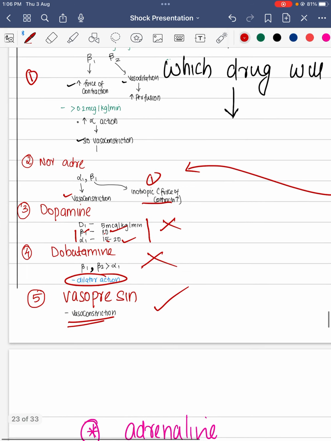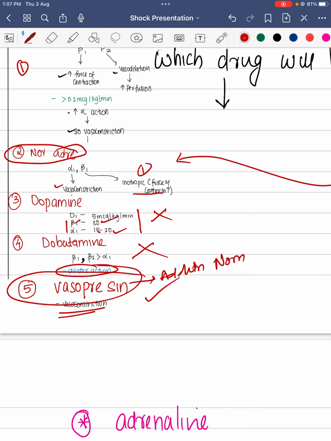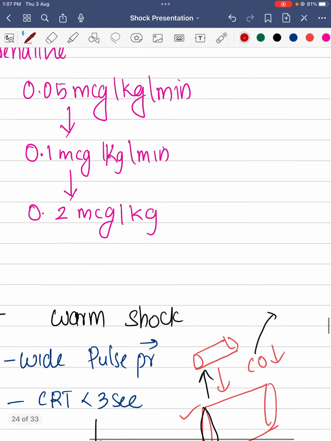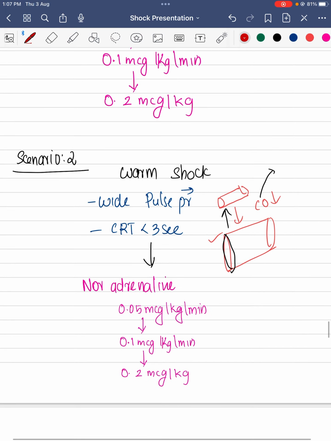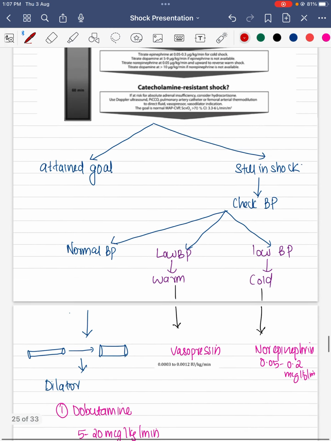So two options are noradrenaline and vasopressin, but I told vasopressin is an additional drug in addition to noradrenaline when the dose of noradrenaline is more than 0.2, that I will discuss later. So which is the drug of choice? Noradrenaline is the drug of choice for warm shock. So this much clear? Okay.